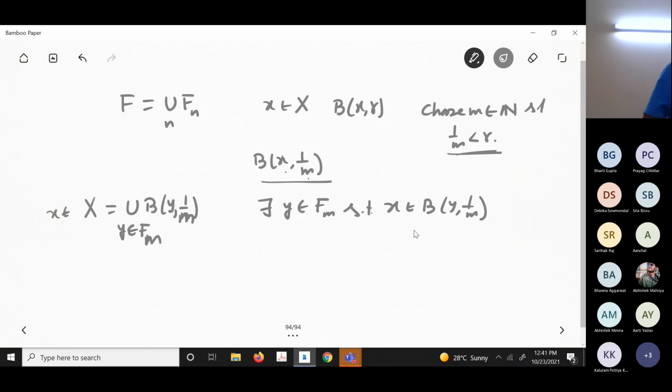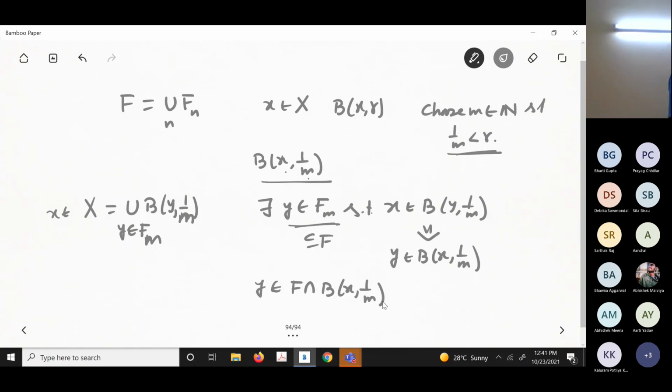Because d(x, y) is less than 1/m, x belongs to this ball. Now look, y belongs here, and y also belongs to F_m. But F_m is a subset of F, so y belongs to F intersection this ball.